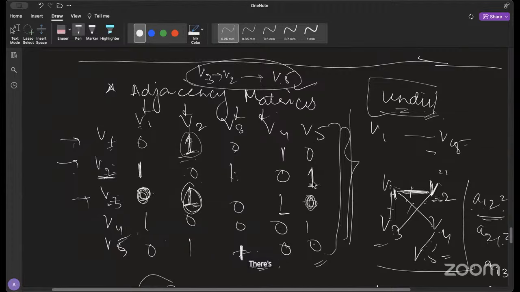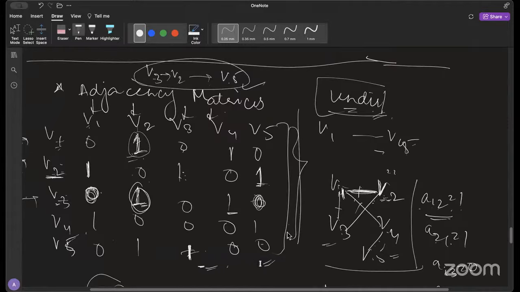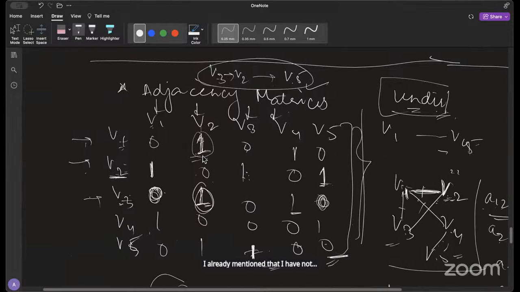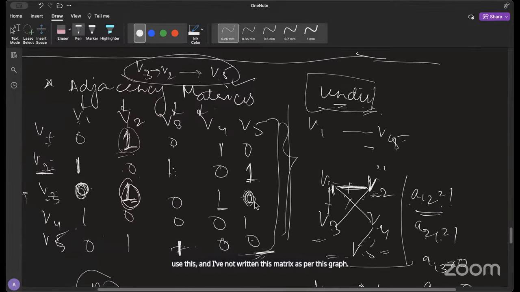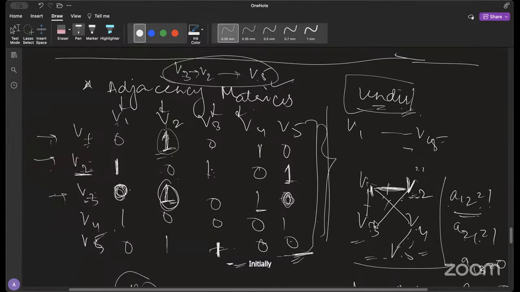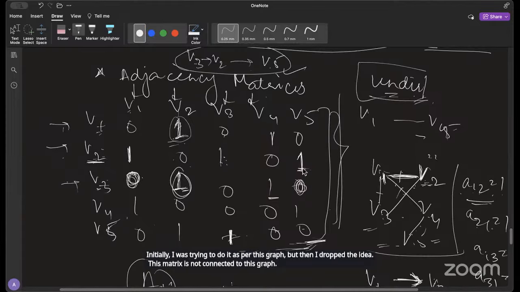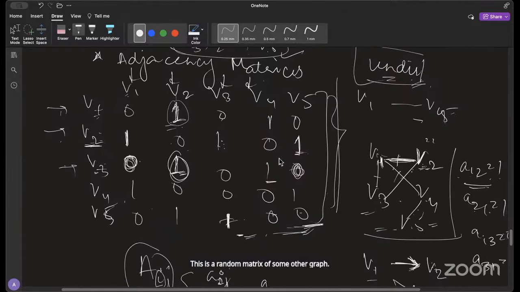In the graph, V2 is not connected. I already mentioned that I have not written this matrix as per this graph. This is a random matrix I've taken. Initially, I was trying to do it as per this graph, but then I dropped the idea. This matrix is not connected to this graph. This is a random matrix of some other graph. Is that okay?